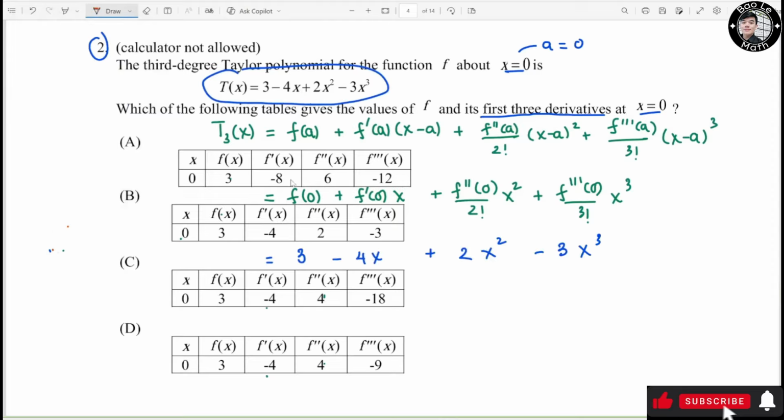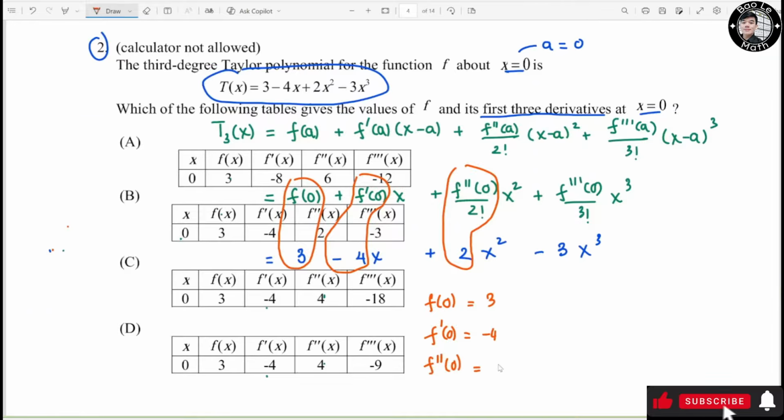Now we just match these up. f of 0 equals 3, right? Next one, f prime of 0 equals negative 4. f double prime of 0 over 2 factorial equals 2, so f double prime of 0 should be 4.